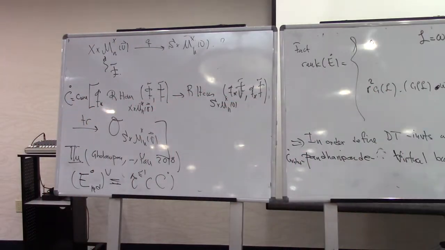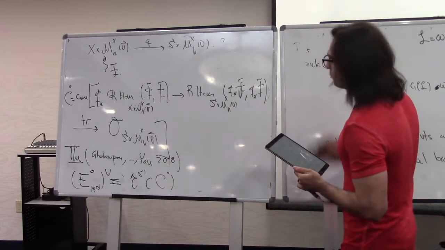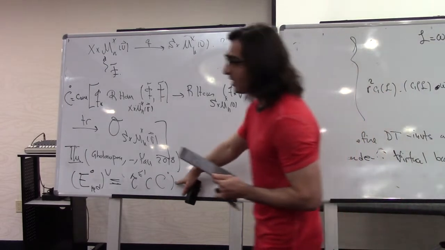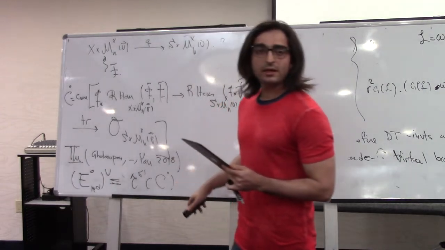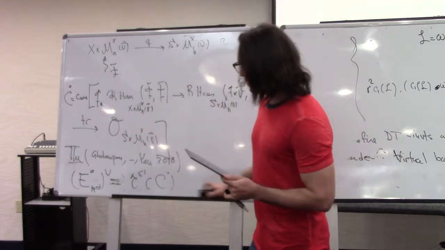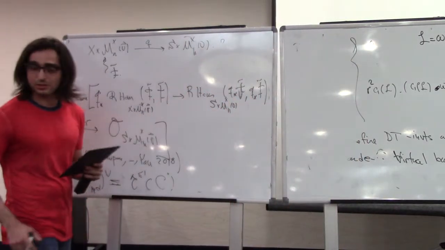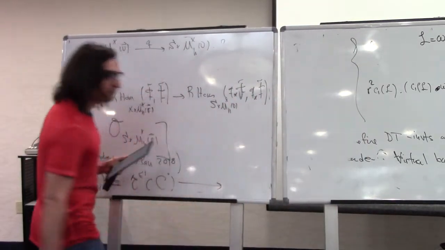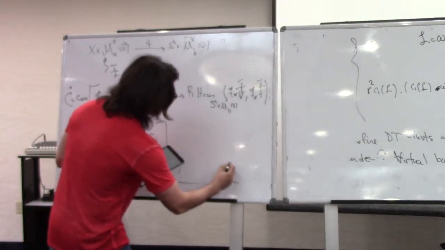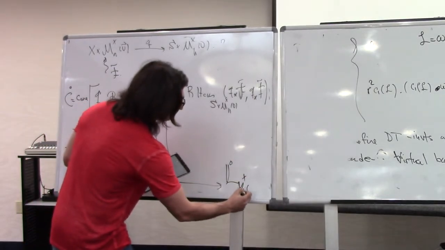Okay. And then we proved that this also satisfies the conditions of being a deformation obstruction complex, meaning there is a map from this onto the cotangent complex of this moduli space.